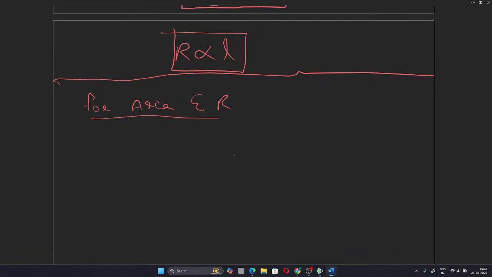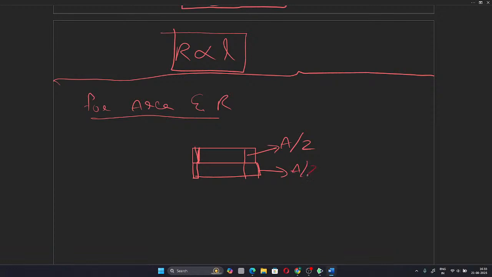Let's take two half slabs of area A by 2 and attach them in a parallel manner.